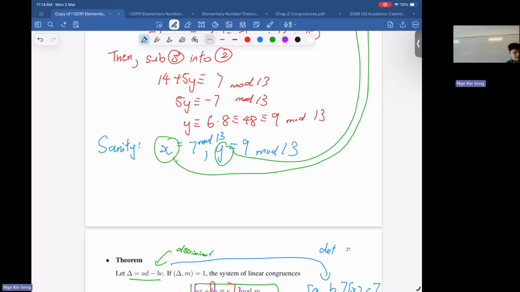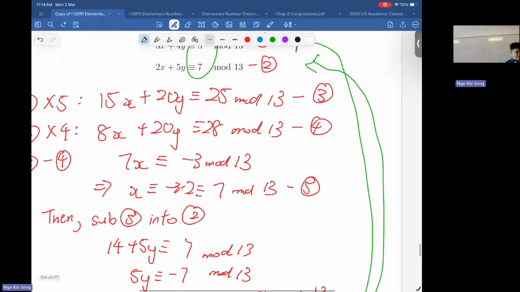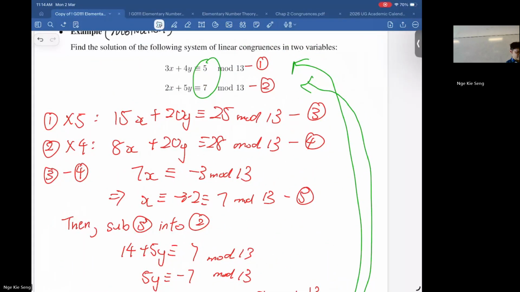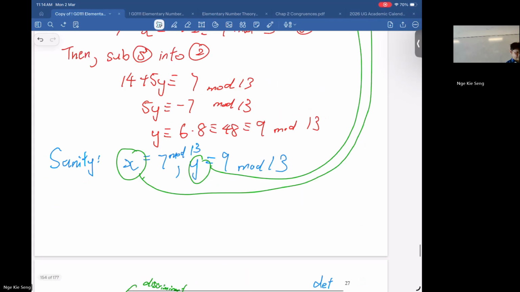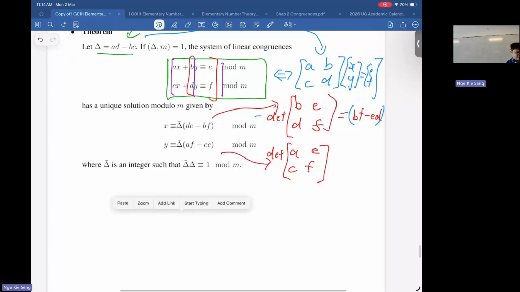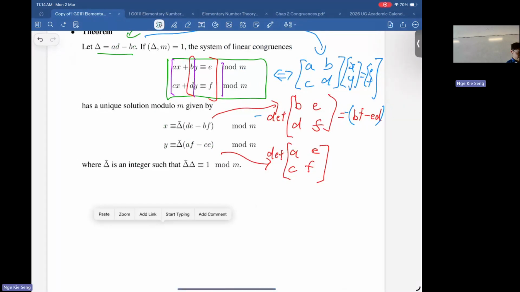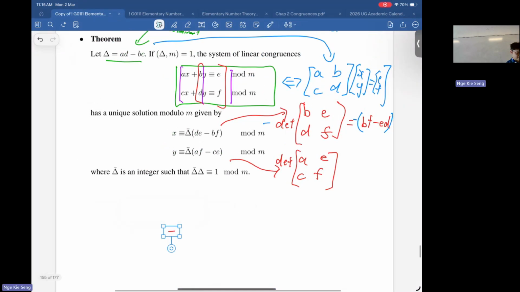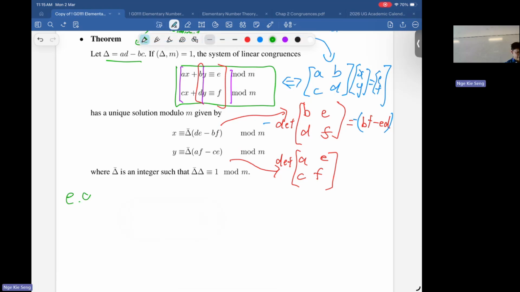7 and 9, right? Remember this 7 and 9, let's see whether we get this. Okay, so let's check it. In that case, we just copy.